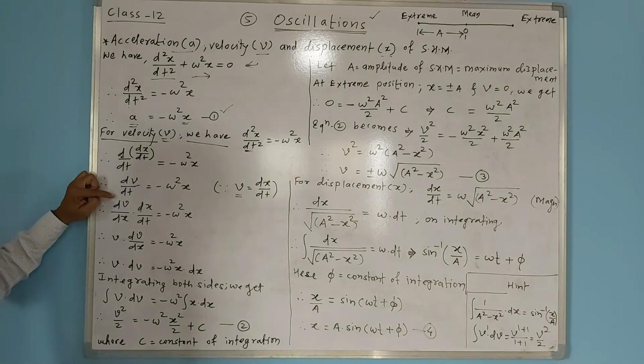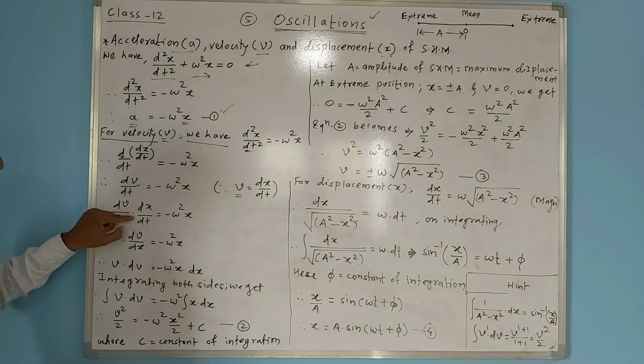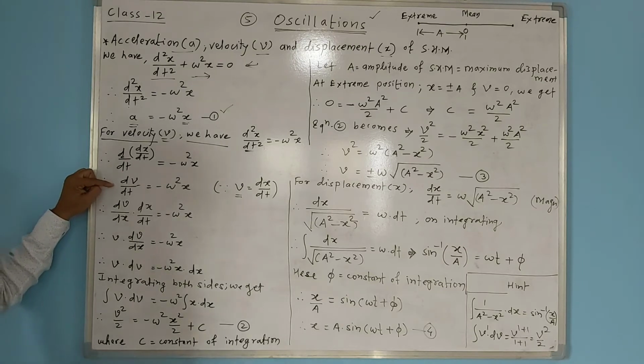Okay. So right in the next line, adjust this ratio. dv by dt can be written in this way: dv by dx multiplied by dx by dt. This dx and dx will get cancelled, so we get the previous term, which is dv by dt.